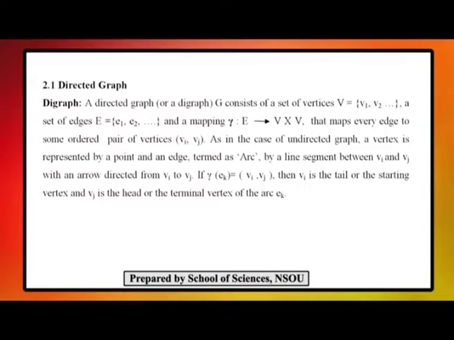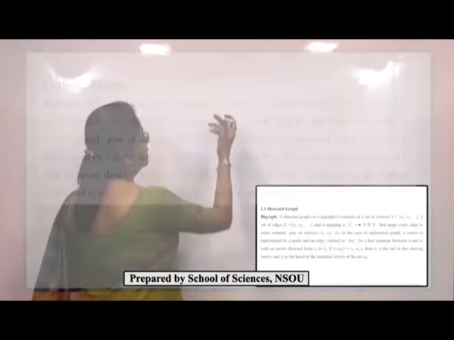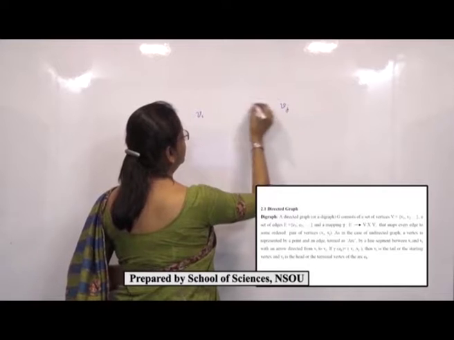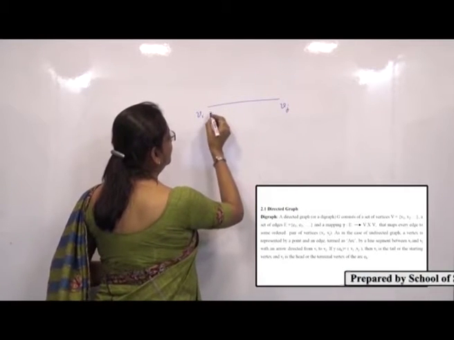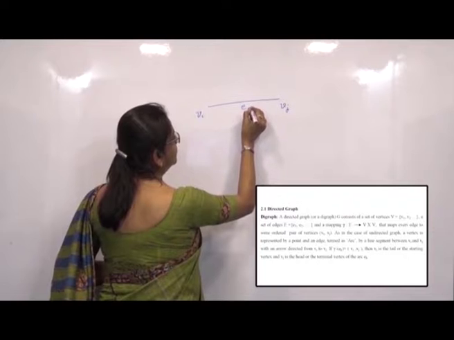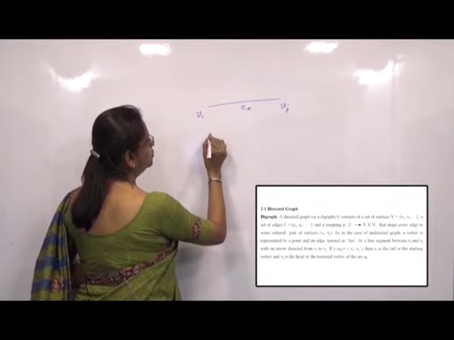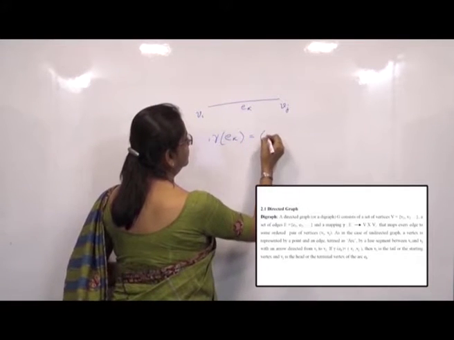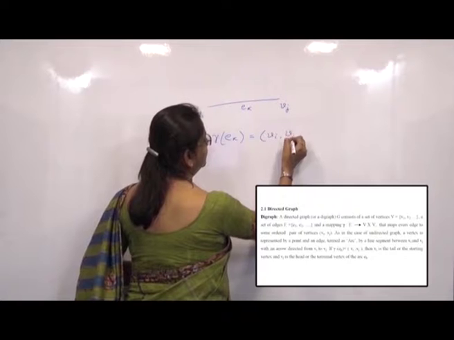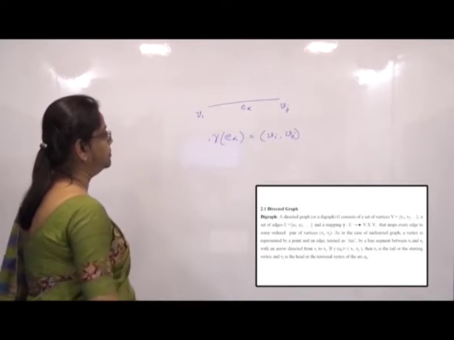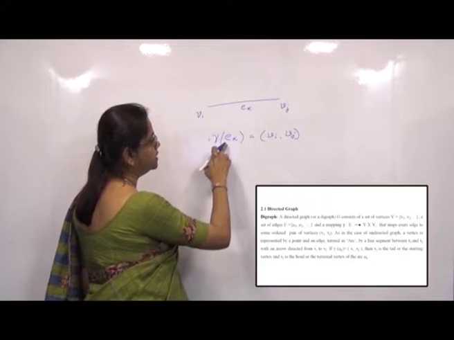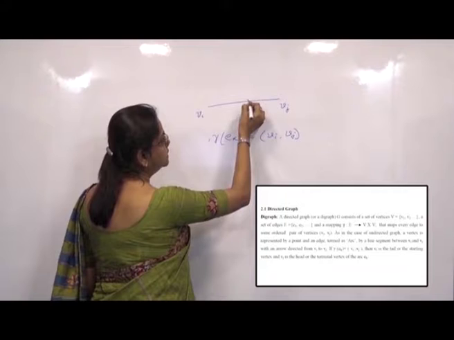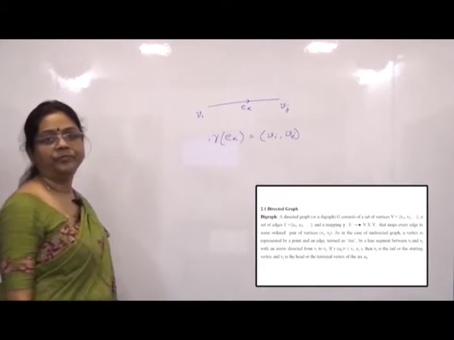Unlike an undirected graph, here we represent two vertices Vi, Vj, and the edge, say Ek, when mapped onto Vi, Vj, it means this is an ordered pair, and Ek starts from Vi, goes to Vj, and that is denoted by this arrow.